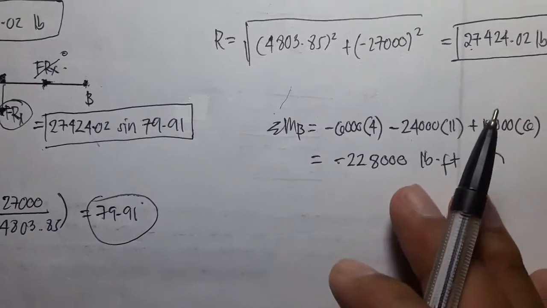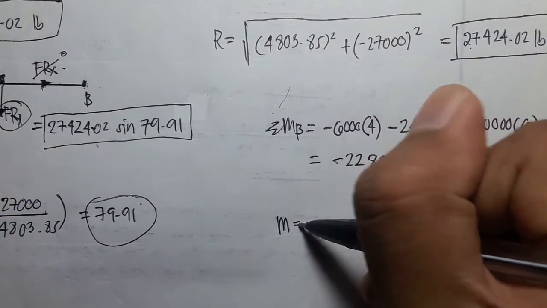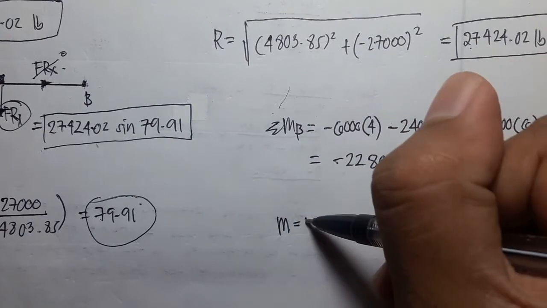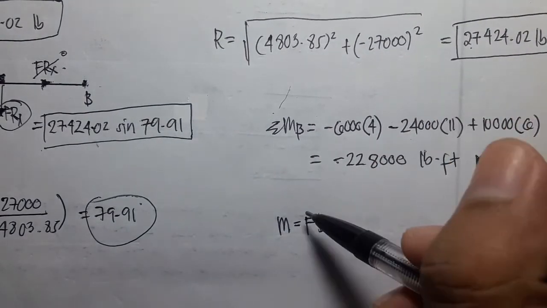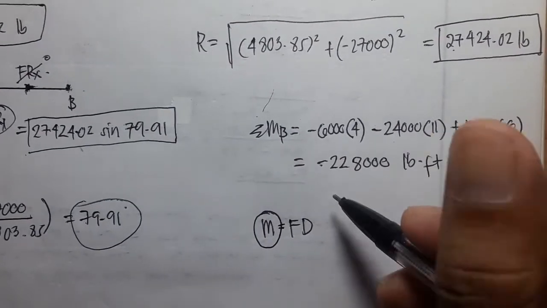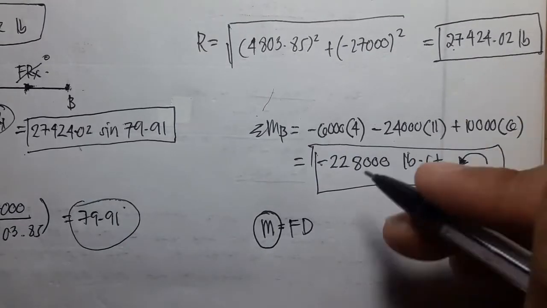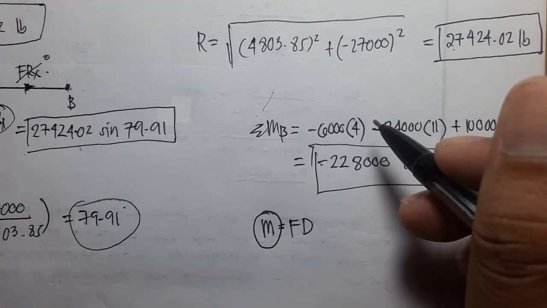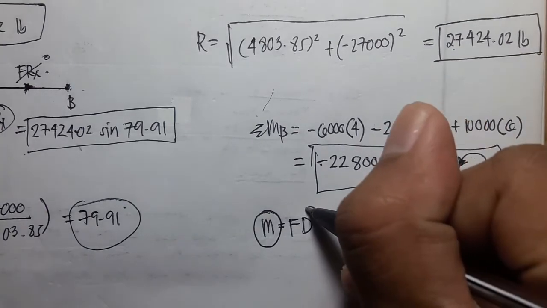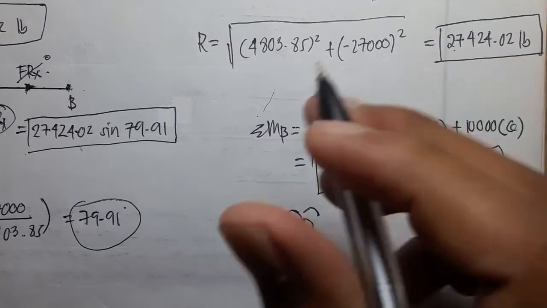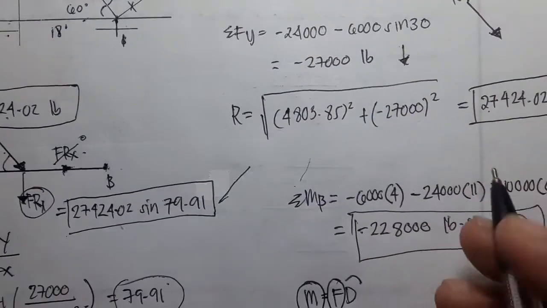So the formula is moment equals force times distance. We already have the moment, 228,000, and the force.